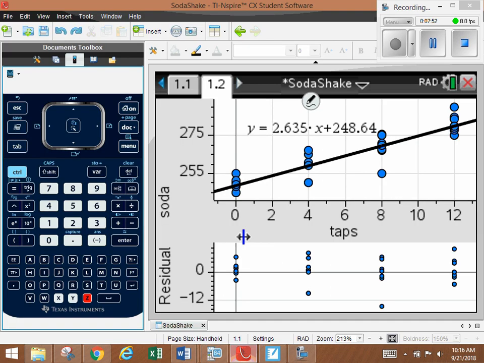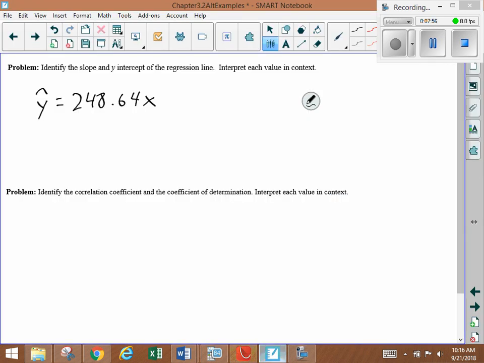Oh, my bad. That was our y-intercept. 2.635. There we go. Sorry. I put it in a plus bx form. If you put it in y equals mx plus b form, it's not wrong.